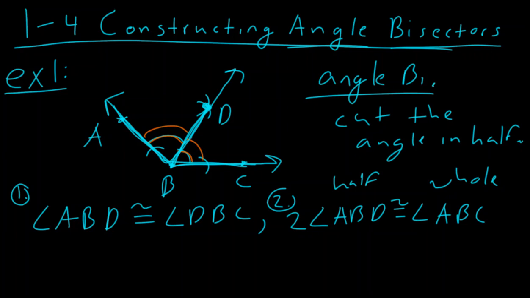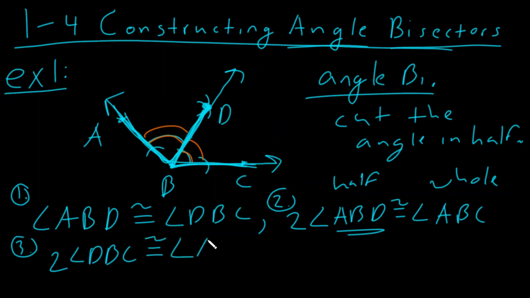Now, of course we can write this statement using ABD, the top angle, we could do the same thing using the bottom angle. We can say, hey, 2 angle DBCs would be congruent to the whole thing, ABC. Okay, well that brings us to our 4th statement of congruency, and we could write this.